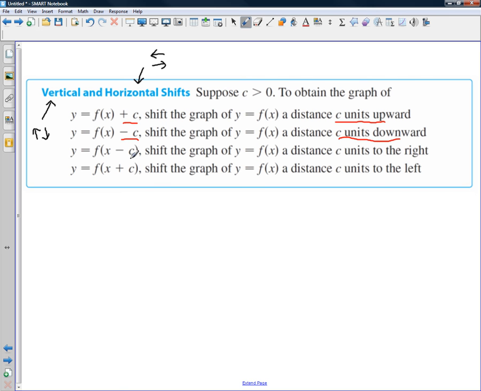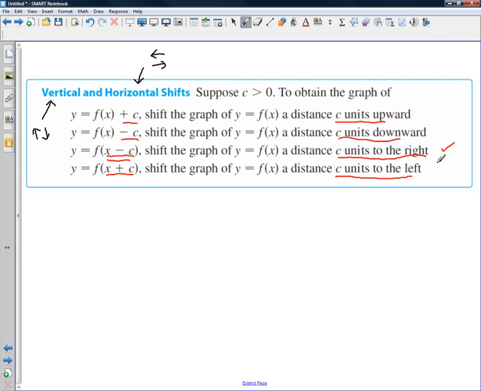If the c, the value that we're going to add or subtract, is paired with the x, as it is in these last two, and if it's a minus c, then we're going to move not to the left, as you might think because of the negative sign, but we're going to move c units to the right. And finally, the last one will be c units to the left.